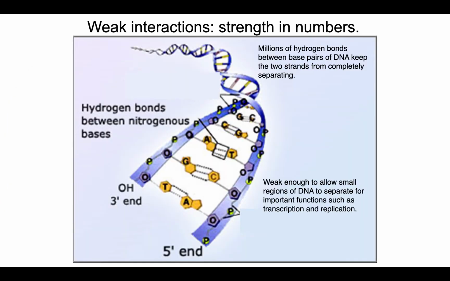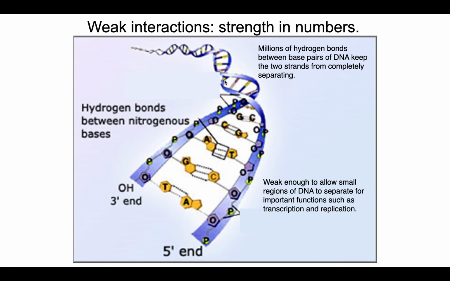Well, what is so important about weak interactions? What's important is they are weak, that in physiological conditions they are broken fairly easily. But that doesn't mean that there isn't some sort of strength there, and the strength comes in numbers.